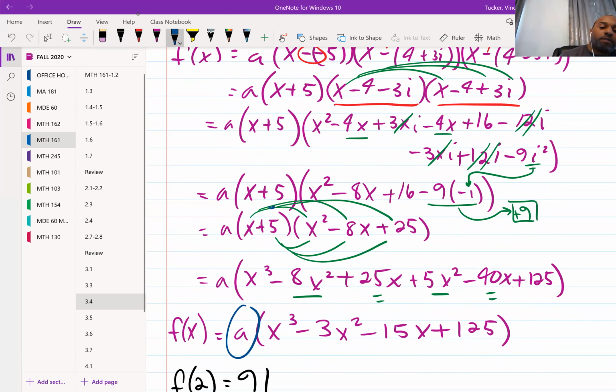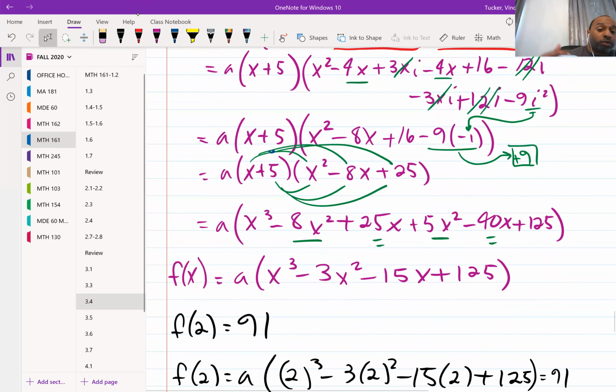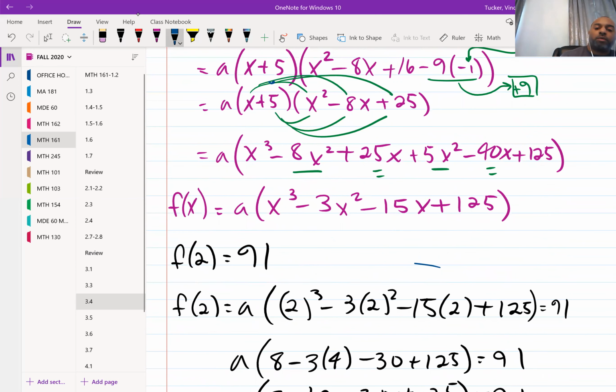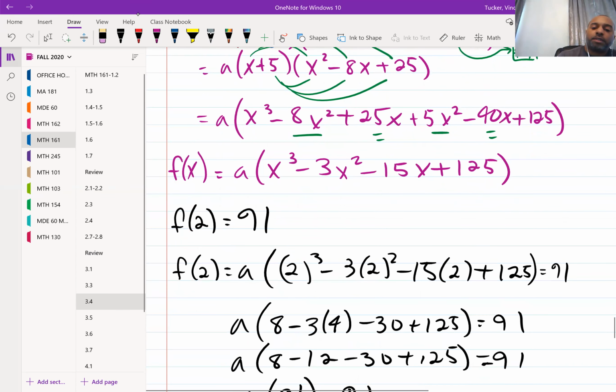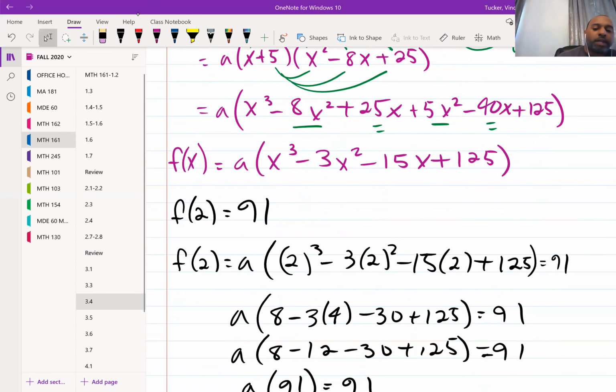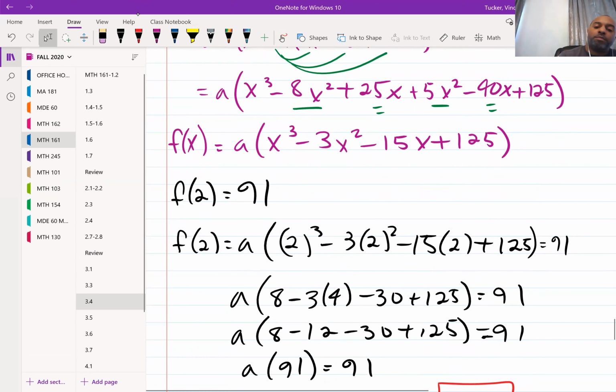Now we need to see if anything needs to be here for a. So remember, when we plug 2 into our function, we're supposed to get out 91. So that's what we do right here. 2 cubed minus 3 times 2 squared minus 15 times 2 plus 125, and that's supposed to equal 91. Simplified, 2 cubed is 8. 2 squared is 4. So ultimately we'll have 8 minus 12 minus 30 plus 125. Ends up being 91.